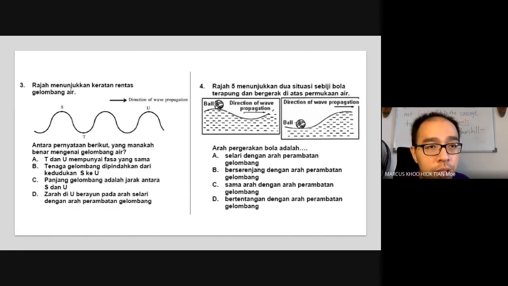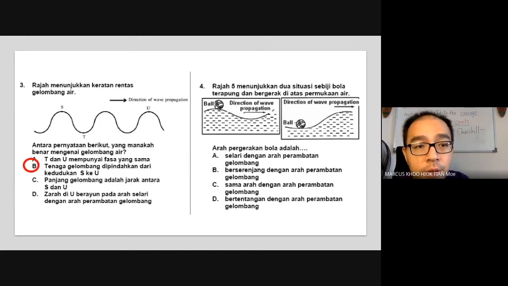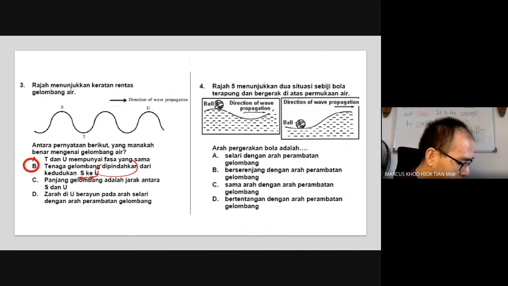All right, number 3. Can I have Rahman for this, please? Which is true? B. Okay, the answer will be B. Very important. Only the energy is transferred from S to U. This one, D, would have been correct. The particle U oscillates in a direction that is parallel.